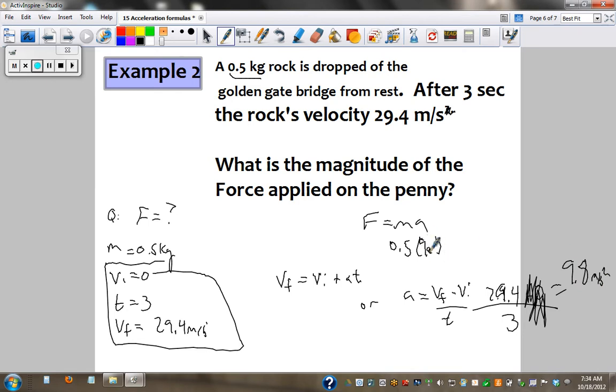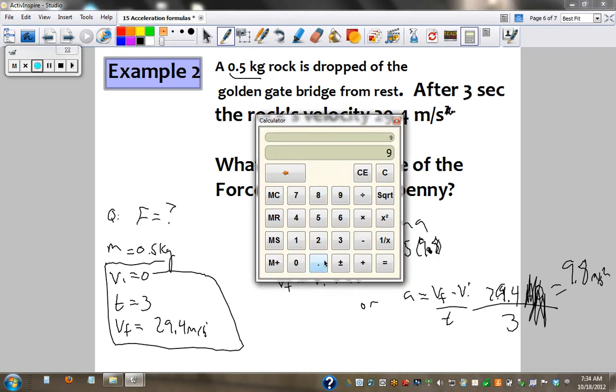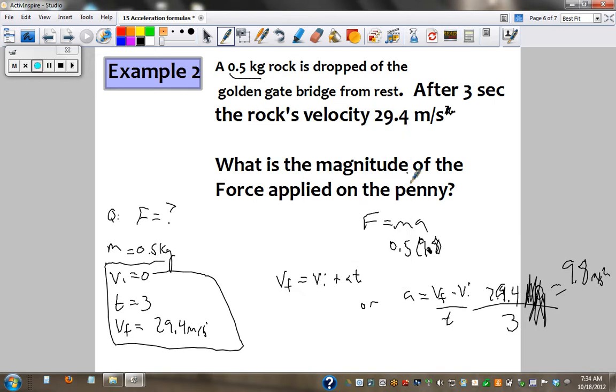You could do this one without it. 9.8 times 0.5 is 4.9. So those two together equal force, 4.9 newtons. So that was kind of an easy one, because you technically already knew the acceleration due to gravity, but you could also have solved it using the info.